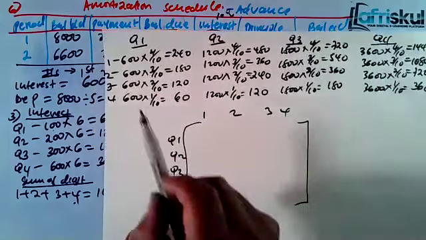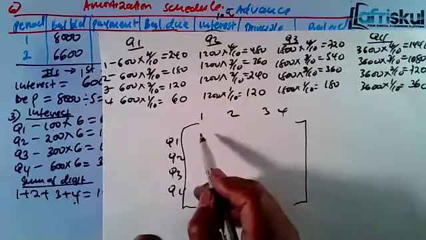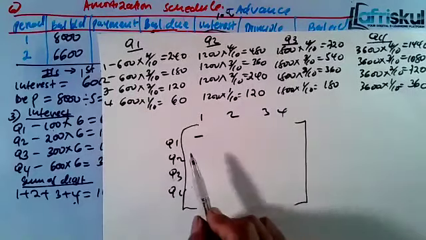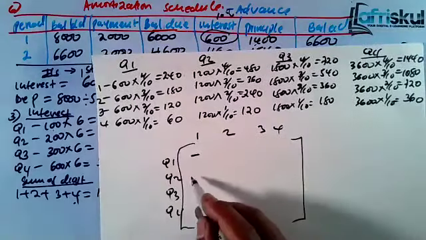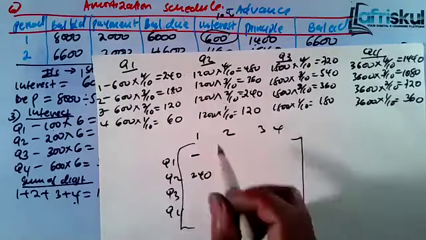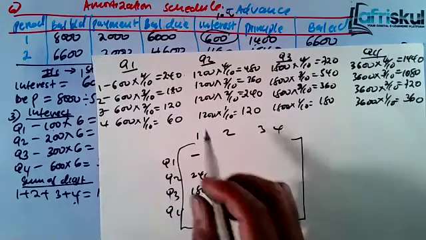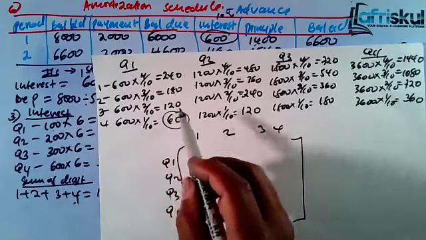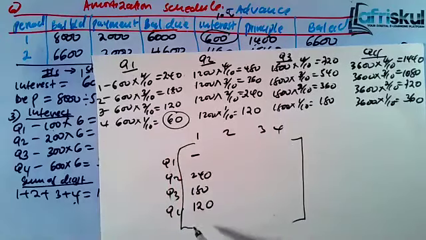So it means the sale we made in the first quarter here, the first installment will be received from quarter 2, its interest will be 240. The next will be 180. The next will be 120. This, the fourth, will be received the following year.